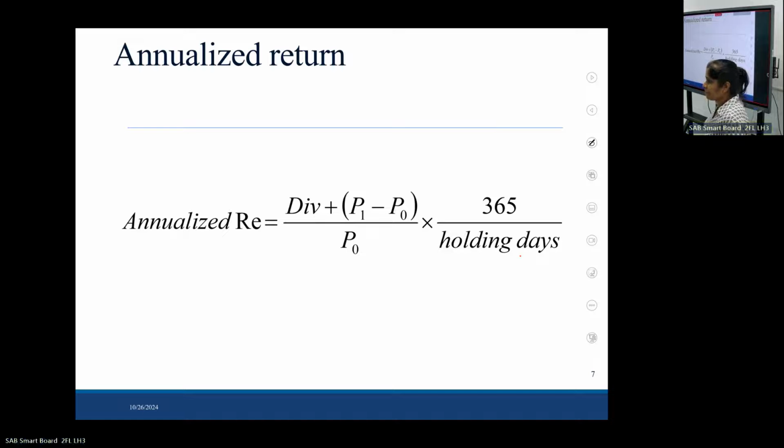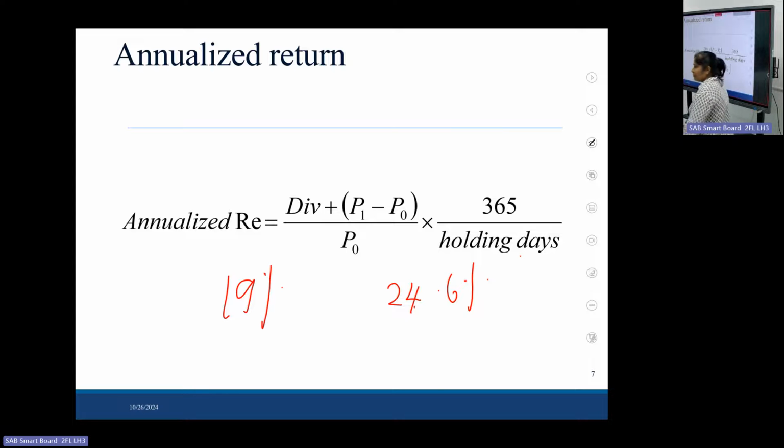It is 24.6. Now this you can compare with the 19% fixed deposit rate of return.